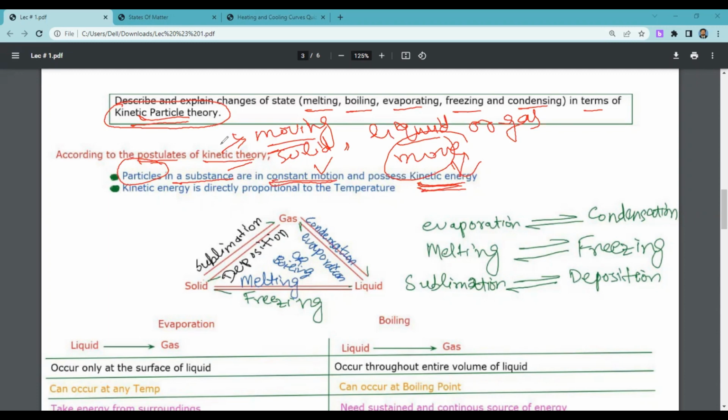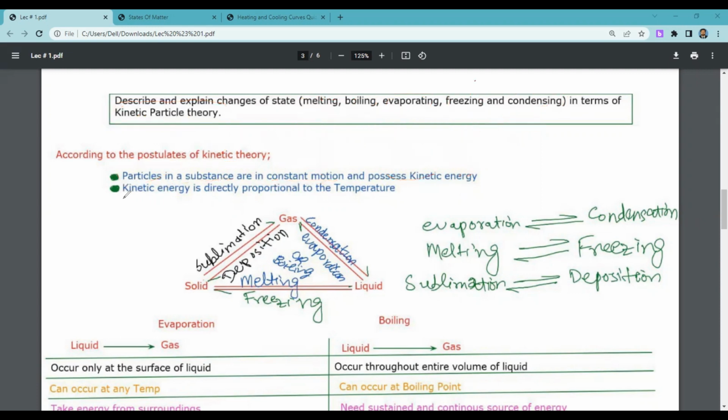The second postulate of kinetic particle theory is the one on the basis of which we will explain melting, boiling, evaporating, freezing, and the phenomenon of condensing. What is this postulate?